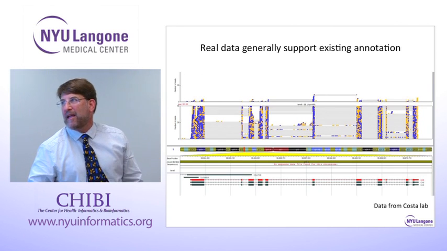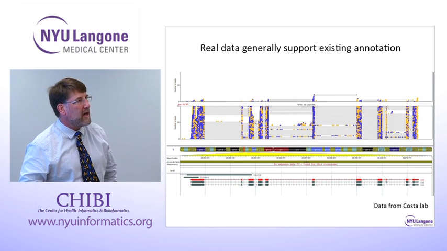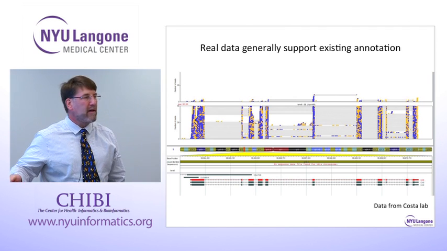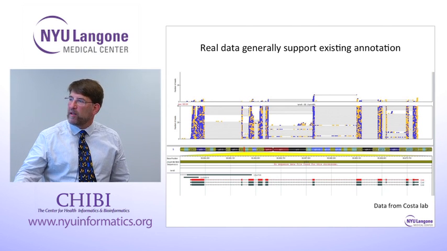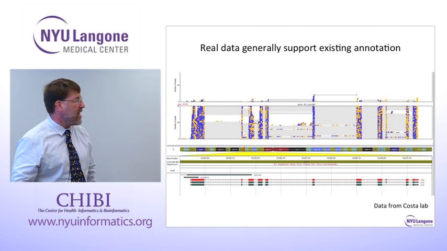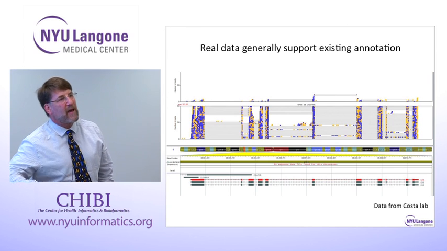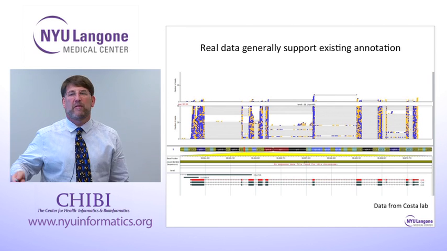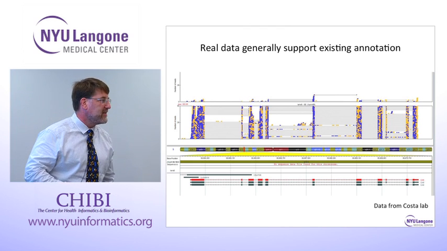This is just to say, in general, this method works pretty well. And once we're done and we look at the map of the reads on the genome, we see that they line up really well with the annotated exons. Of course, if you think about it, it's sort of backwards reasoning. We use the exons to map the reads, and then we show that the reads map onto the exons.